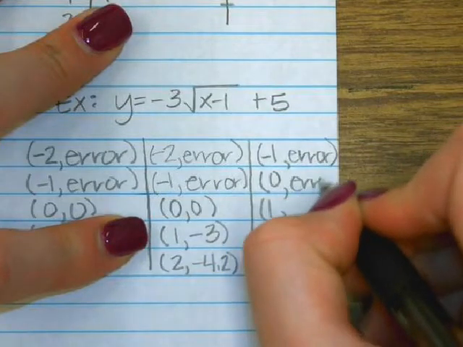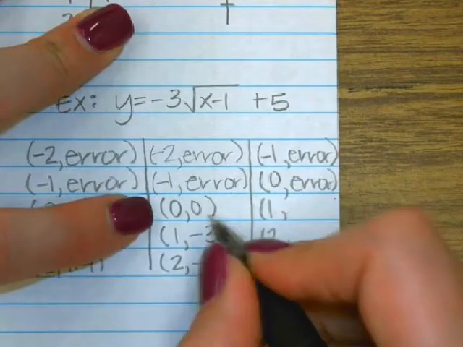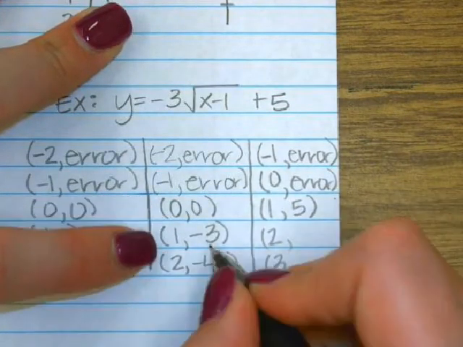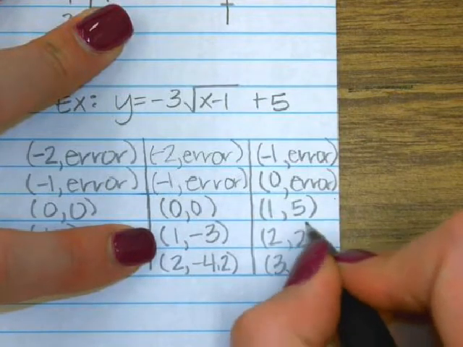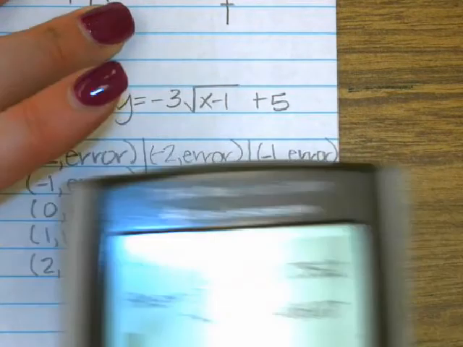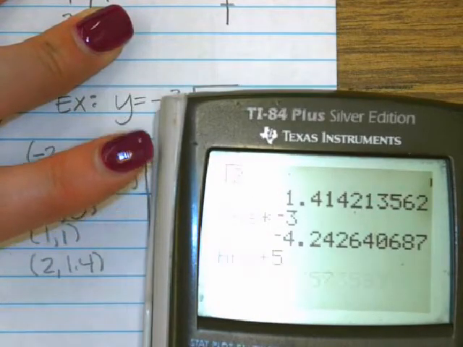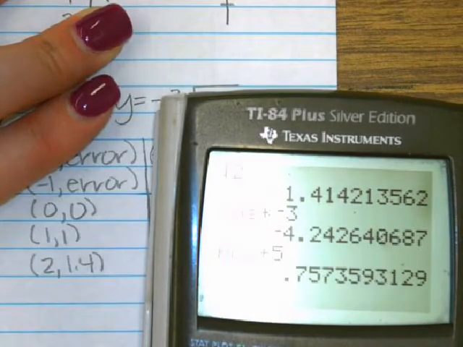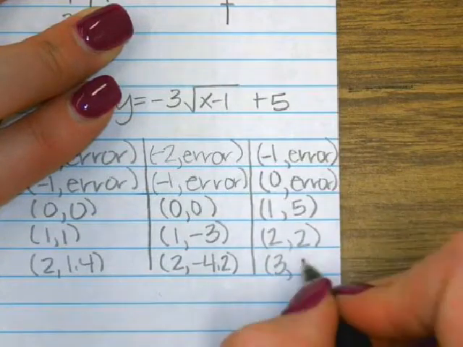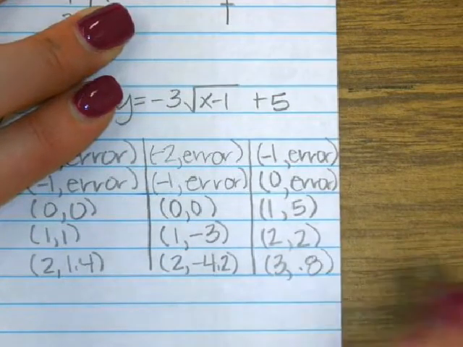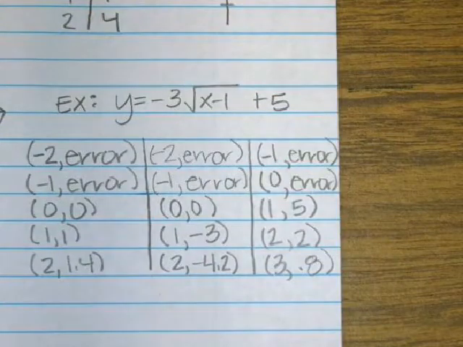The error message is going to stay. 0 moved up 5 is 5. -3 moved up 5 is 2. -4.2, if I move up 5, is 0.8. All right, so now I can draw a picture of this.